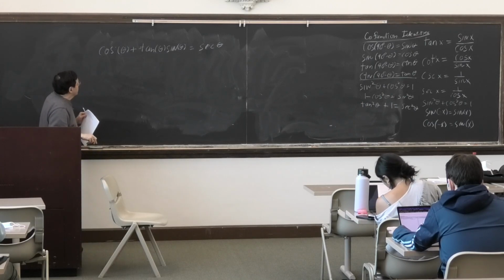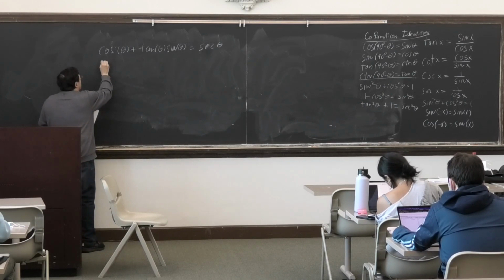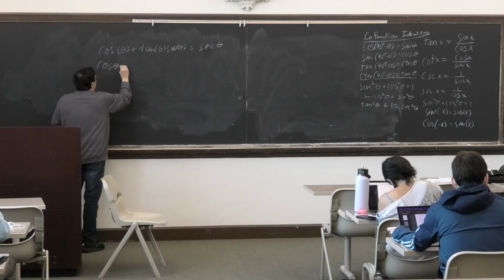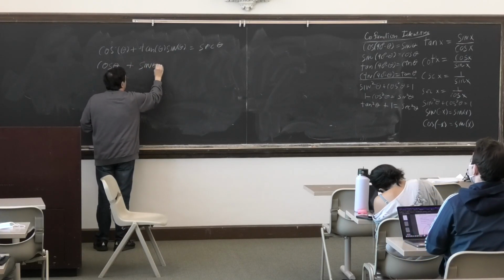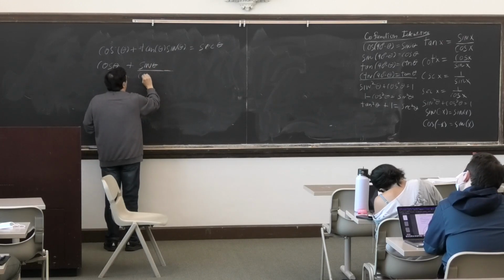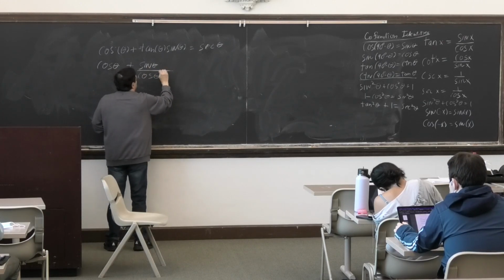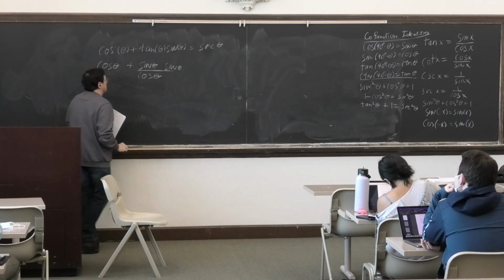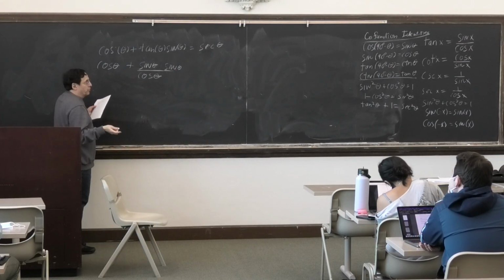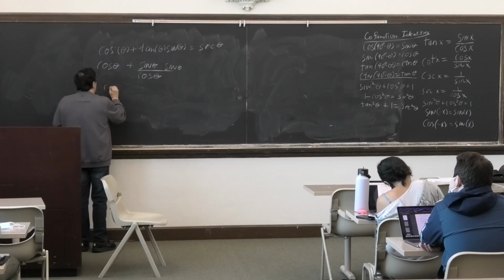All right, we can do this quickly now. Cosine theta plus sine theta over cosine theta times sine theta. Okay, let's put it over a common denominator.